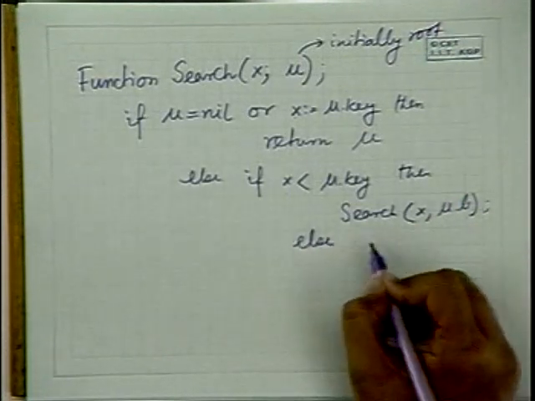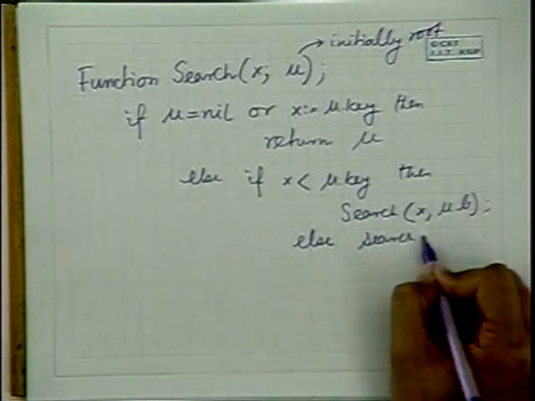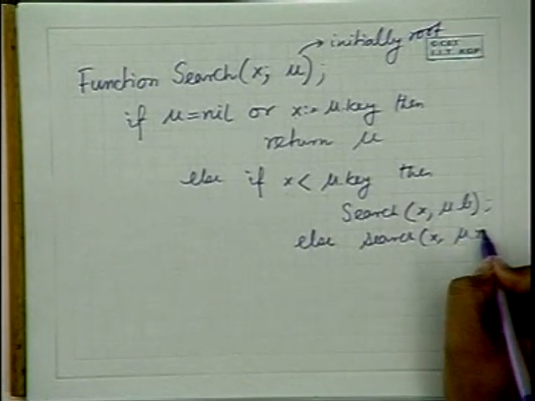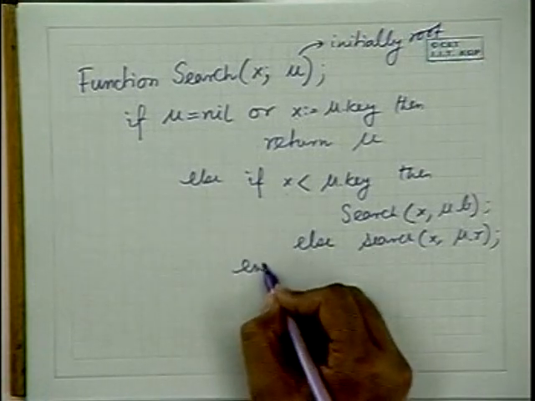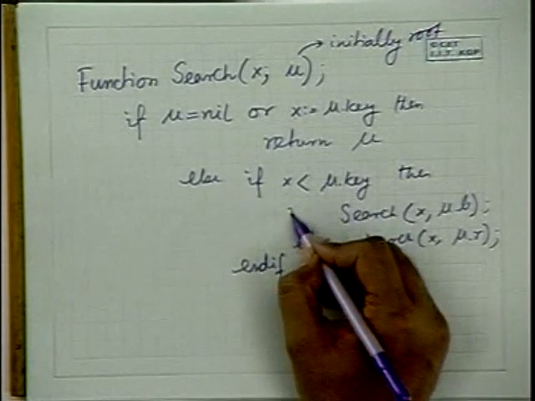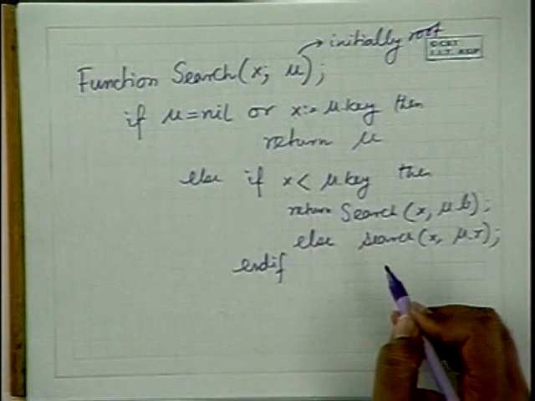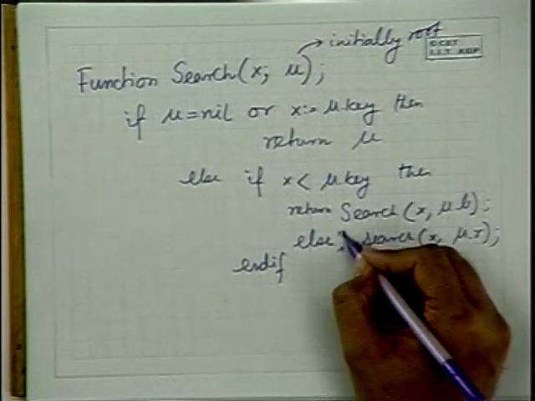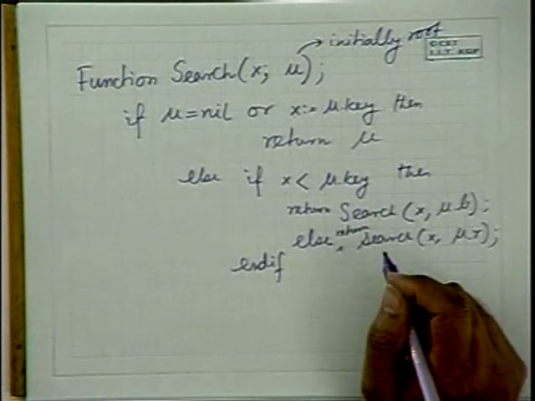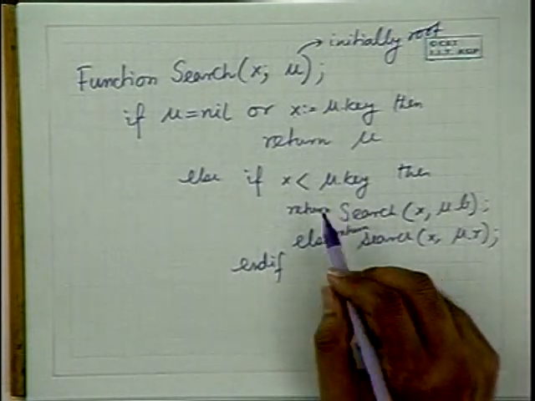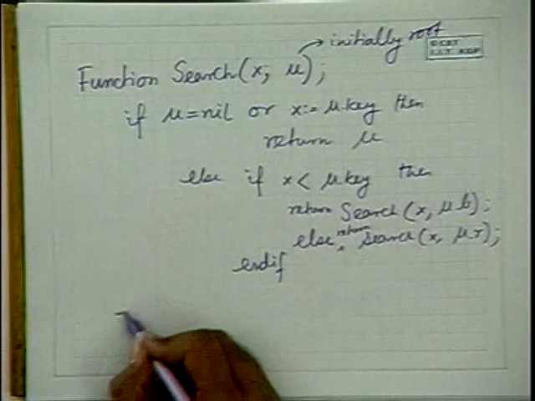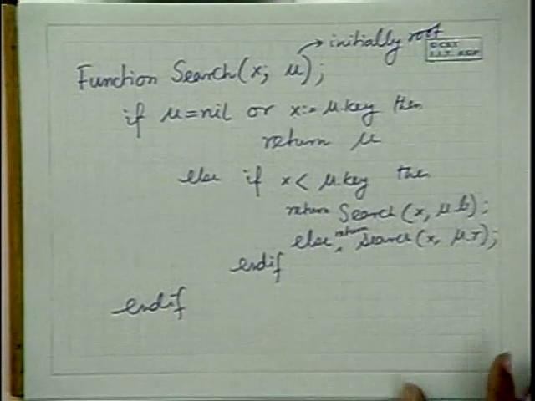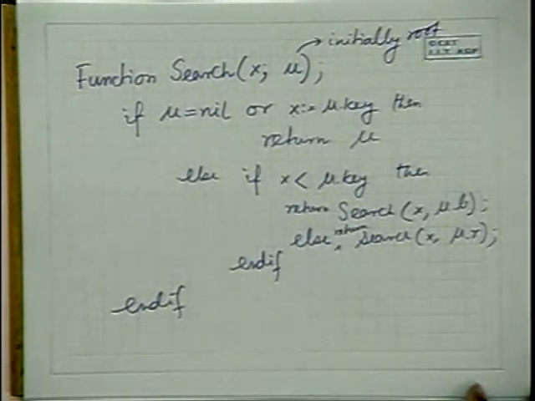Else, return search x, mu dot right. I am not bothered with the syntax of how you write it; these are implicit. End if. Now here also another end if. So that's it. This is your algorithm for searching an element. Either you go to the left or to the right of the tree.